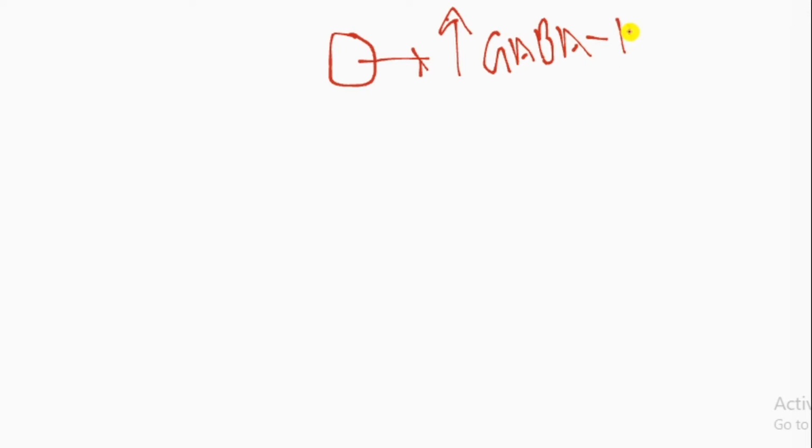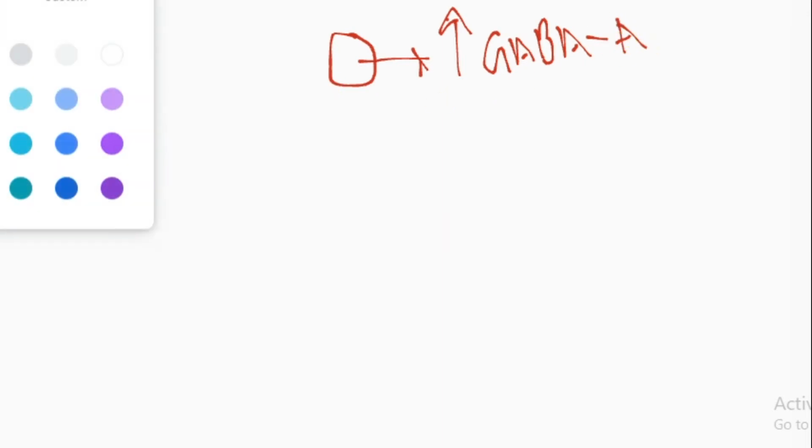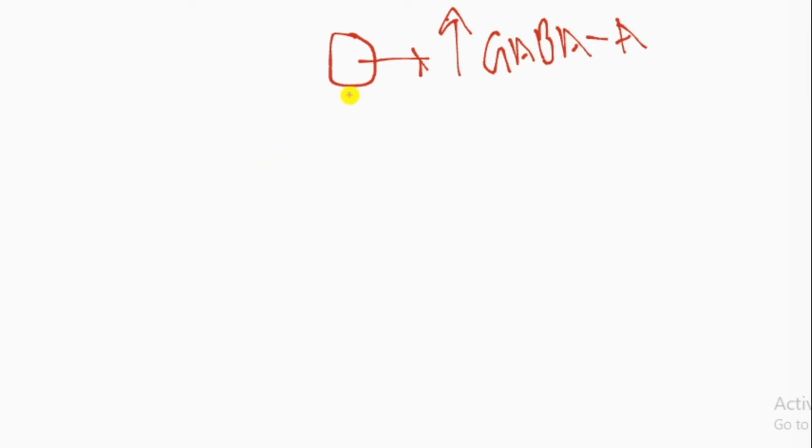Consider this is our amygdala, which has a high number of GABA A receptors. During anxiety or in a fearful situation, the amygdala sends a signal.